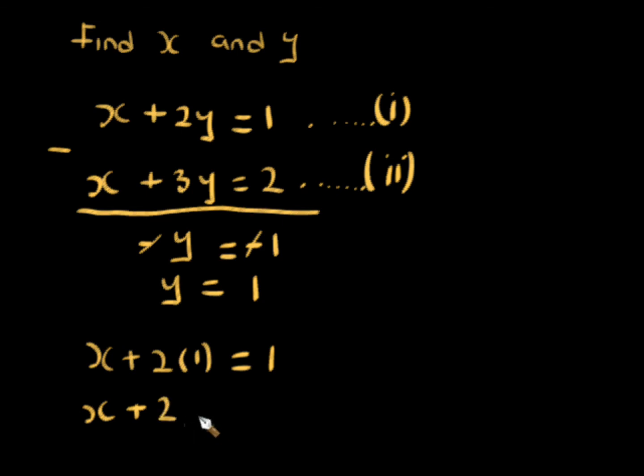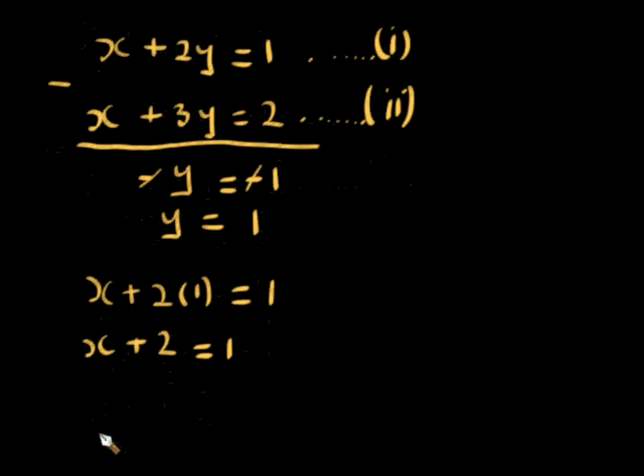So we write x plus 2 equal to 1. We collect like terms, moving that 2 over there. This is a positive 2, and moving it over makes it a negative 2. So x equal to 1 minus 2. In the end, x would be equal to minus 1.